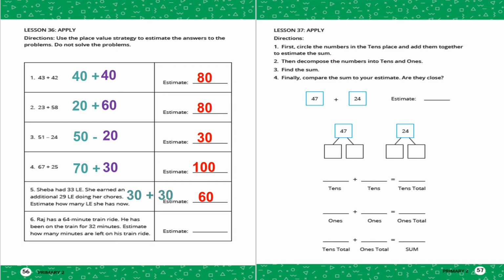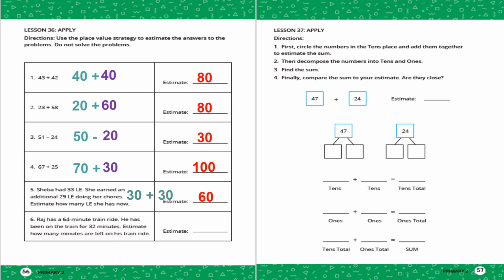Number 6. Raj has a 64 minutes train ride. He has been on the train for 32 minutes. Estimate how many minutes are left on his train ride. Left is a keyword for subtraction. So first we will estimate 64. 64 between what and what? Between 60 and 70.